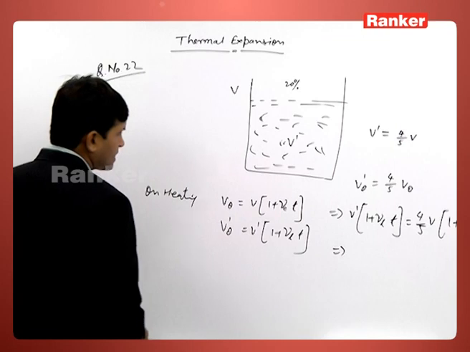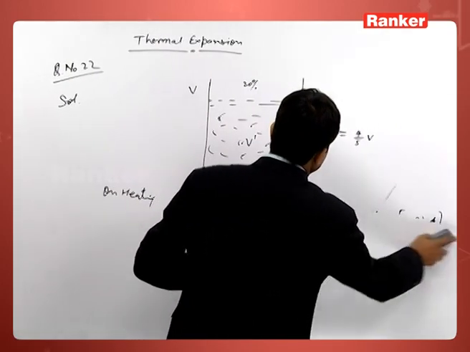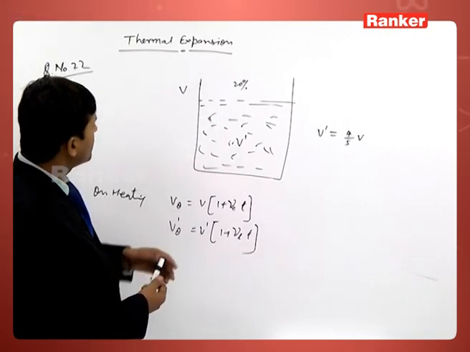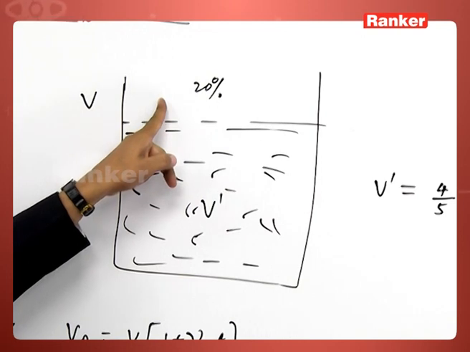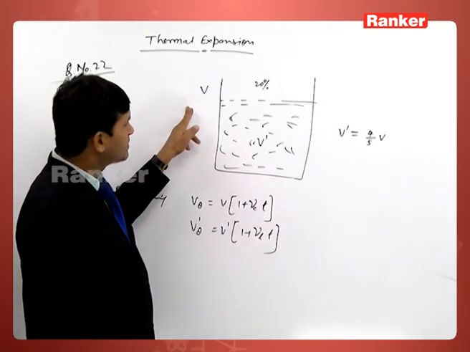So see here, this is not the condition here. The condition will be different. It is given that whatever the initial volume of the empty space is, V by 5, that will remain the same.